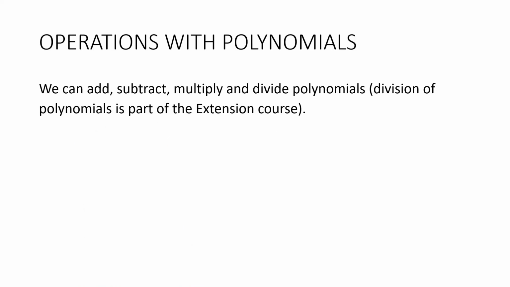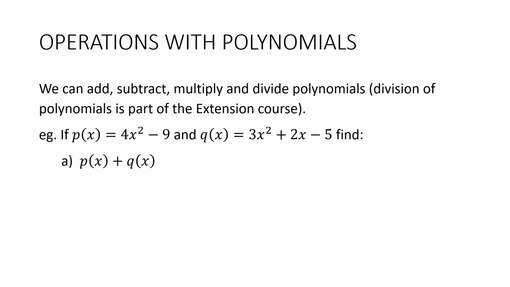We can add, subtract, multiply, and even divide polynomials, although we're going to cover division of polynomials in the extension course. If we're given p of x is equal to 4x squared take away 9 and q of x is equal to 3x squared plus 2x take away 5, we can find p of x plus q of x.